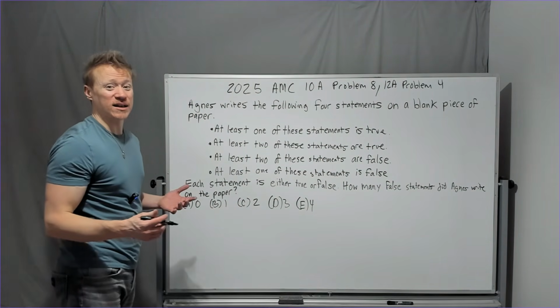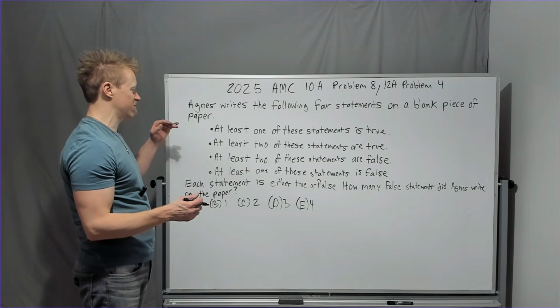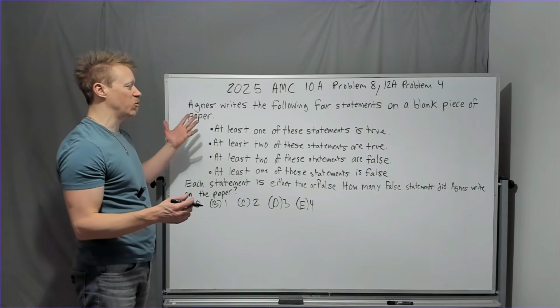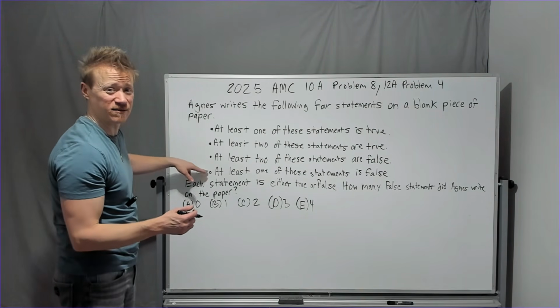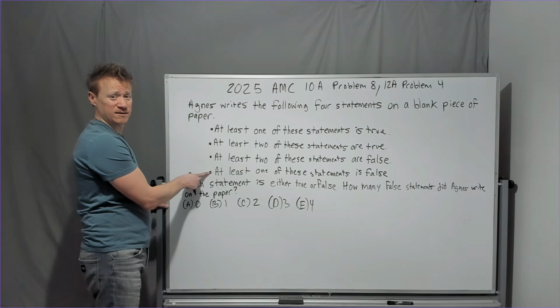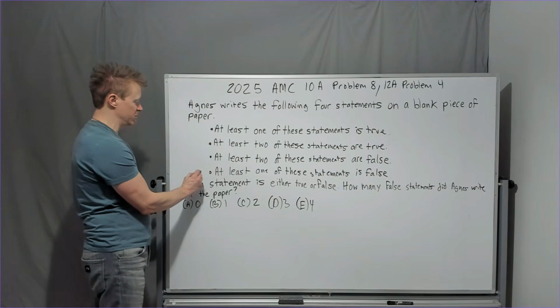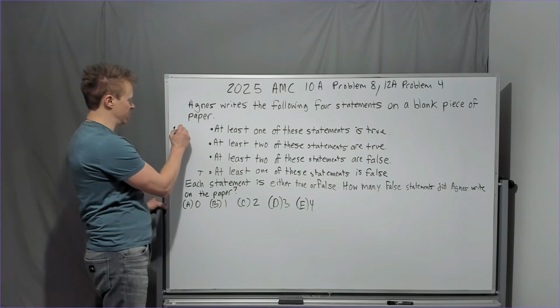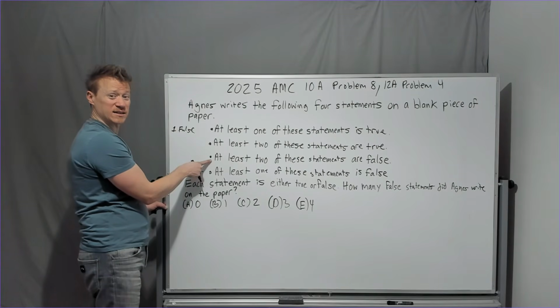I don't know. Let's assume that there's, I don't know, only one false statement. If there's only one false statement, okay, that would be this one right here would be true then, because we said at least one of these statements is false, so this would be true. We're saying there's exactly one false, but at least 2 of these are false is now false.